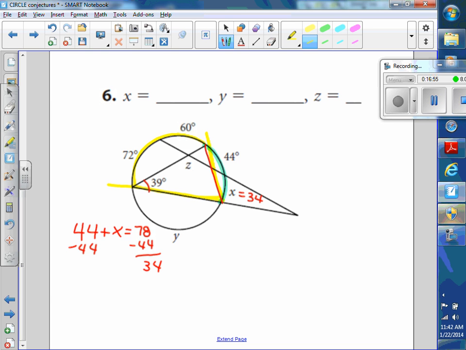So 60 and 72 add up to 132. So 30 plus 36 would be 66, right? So then I can get this missing angle here, can't I? Yep. 39 plus 66 is 105. Plus 7. So 75. Let's double check that.